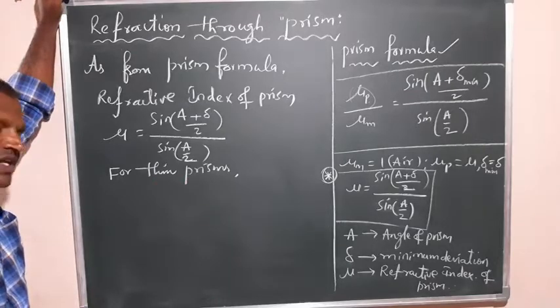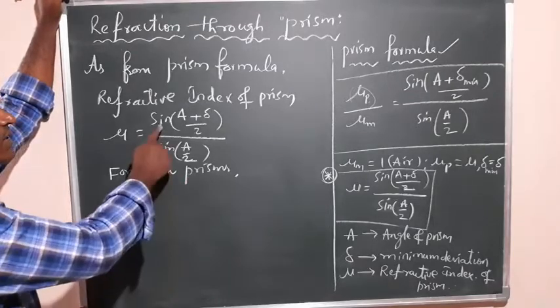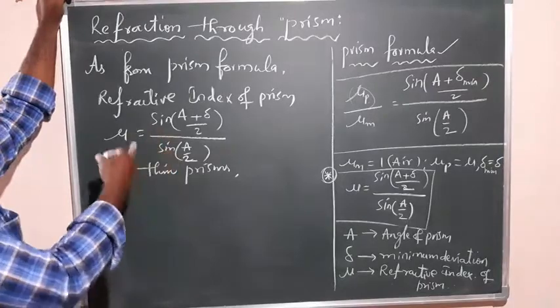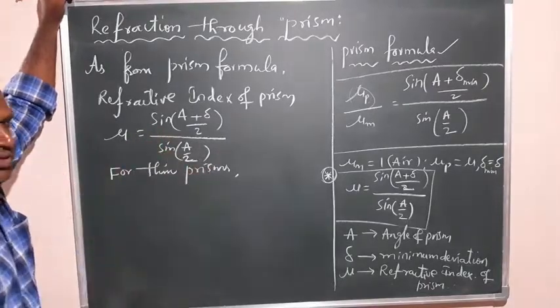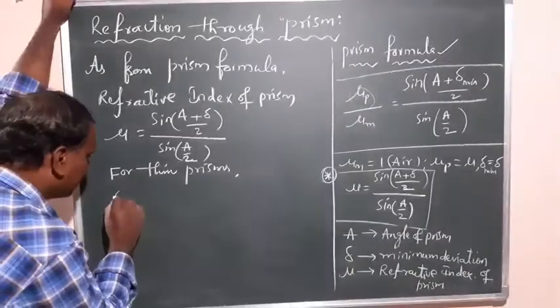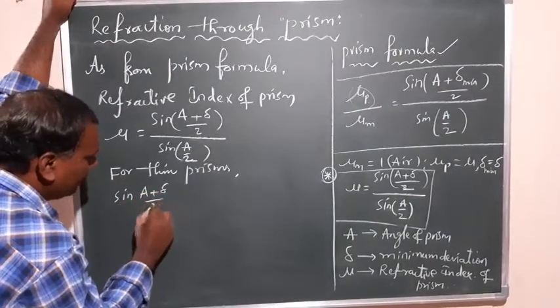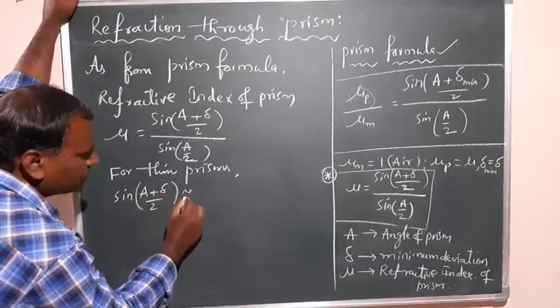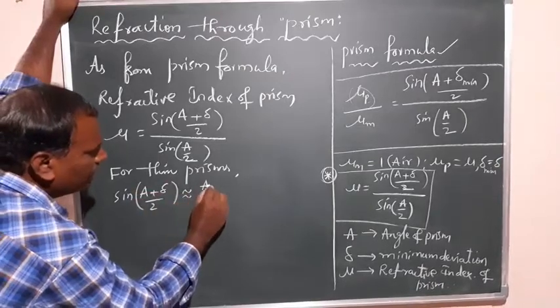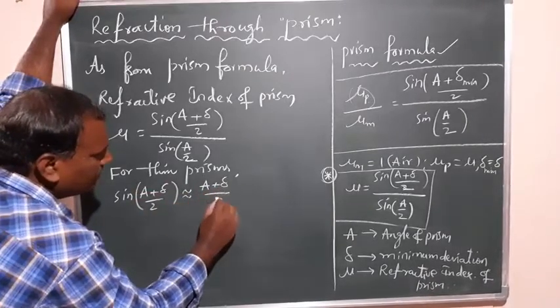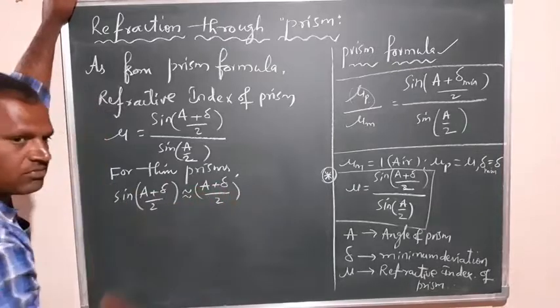Angles are very small. Therefore, in place of sine and cos, the trigonometric functions can be removed. So for thin prisms, I can write sine of (A plus delta)/2 is approximately equal to only (A plus delta)/2. There is no sine.